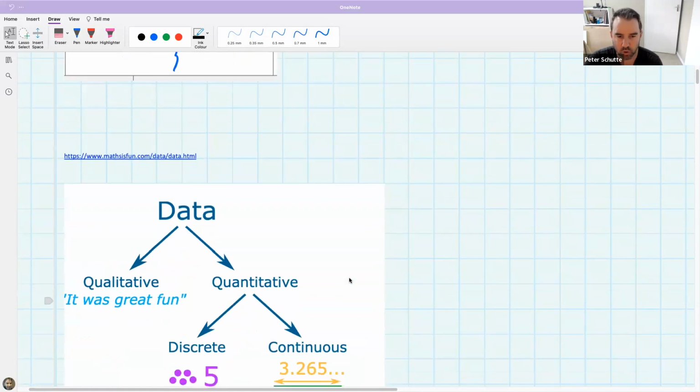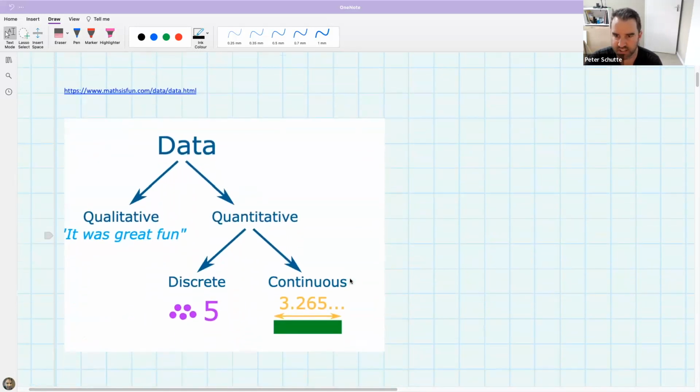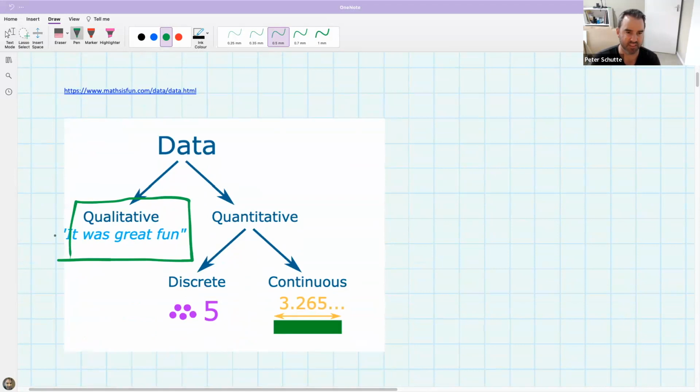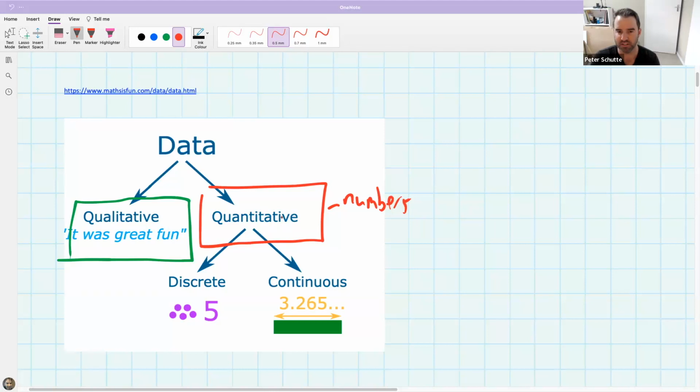So when we talk about statistics or data handling, we talk about data being in words. Words is qualitative, like ABCs and things like that. And then we talk about quantitative data, data in numbers. The focus for your grade 11 stats is going to be on quantitative data.